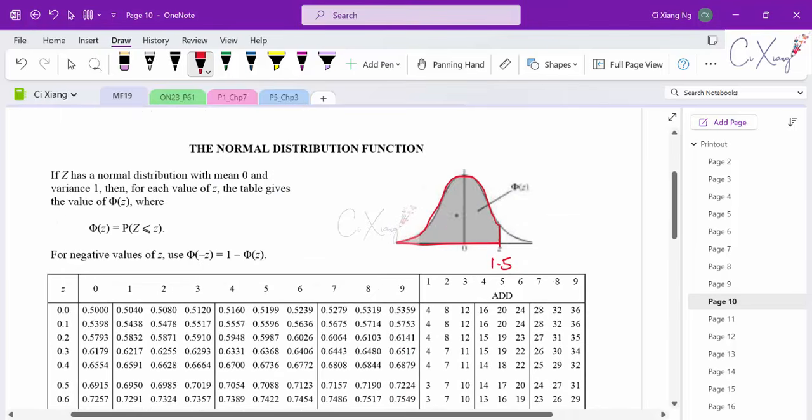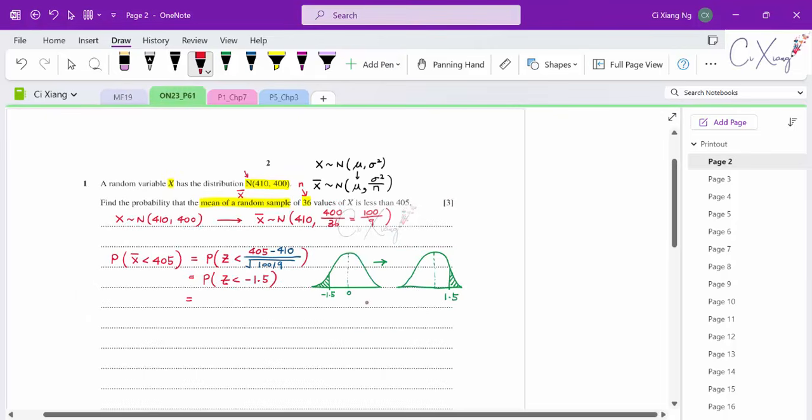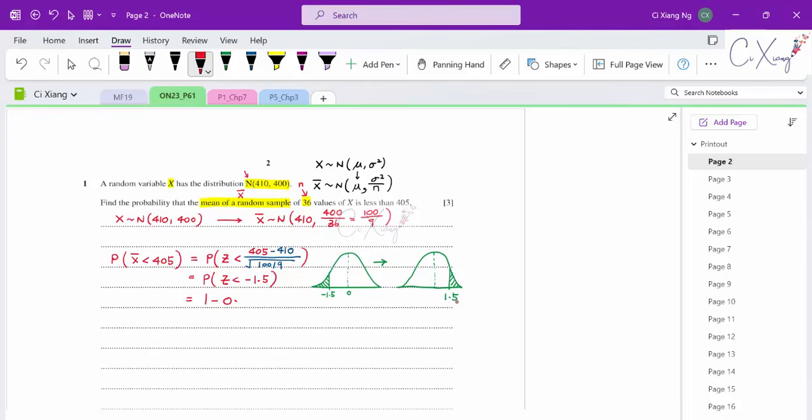Then the 0.9332 means this area, but we are interested to find out this area. That means you have to take the whole area, which is 1, minus the answer that you get in the normal table. Then only you can get the small area that we want. So in our step, to get z greater than 1.5, it is equal to 1 minus 0.9332.